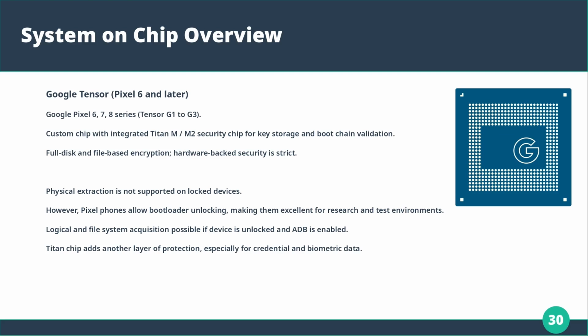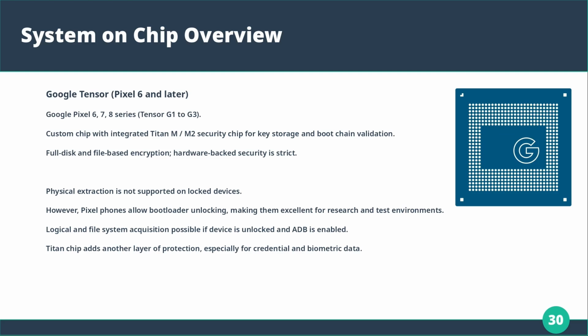Because of these protections, physical extraction on locked Tensor devices is not possible. However, Google's Pixel devices still allow bootloader unlocking, which makes file system and logical acquisition feasible, especially for research, test, and comparative cases.